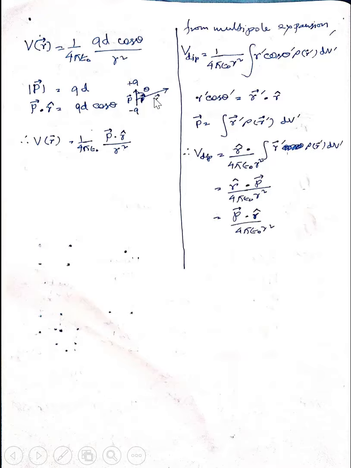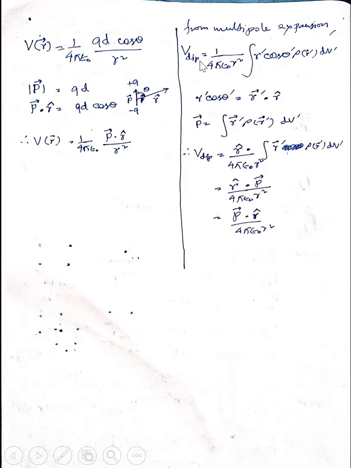If you look at the picture, the thing will be very clear to you. If I treat p as a vector, the direction will be from minus q to plus q, right? You know that the direction of a dipole moment always goes from the minus charge to the plus charge. Then I will get the potential as this expression.